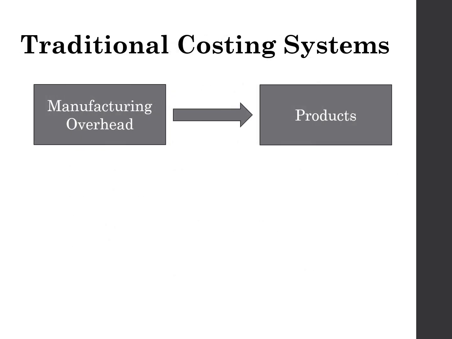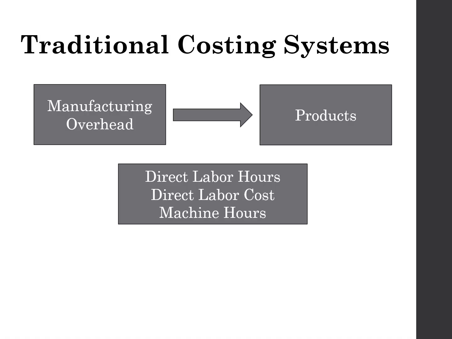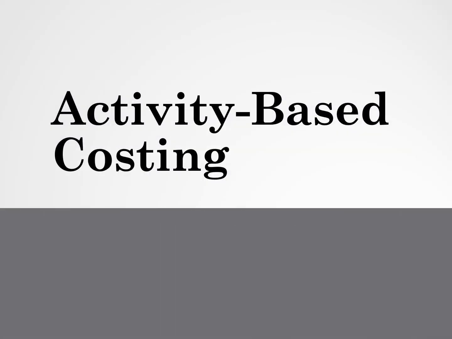A traditional costing system allocates manufacturing overhead to products on the basis of a predetermined overhead rate using direct labor hours, direct labor cost, or machine hours. ABC does not replace an existing job order or process cost system.